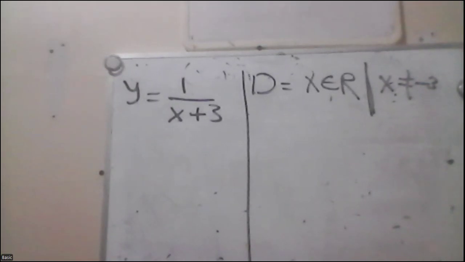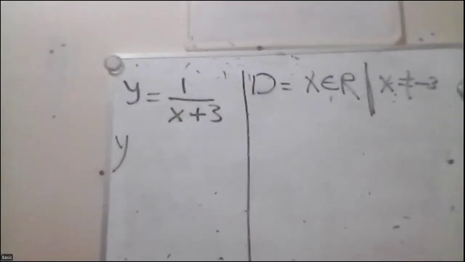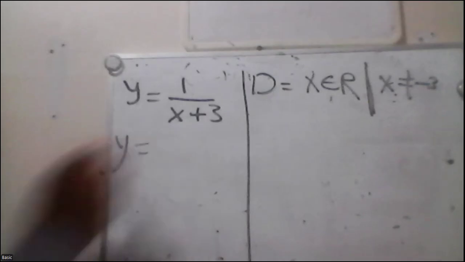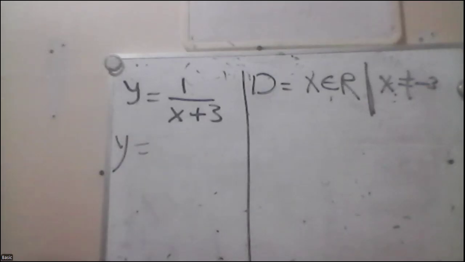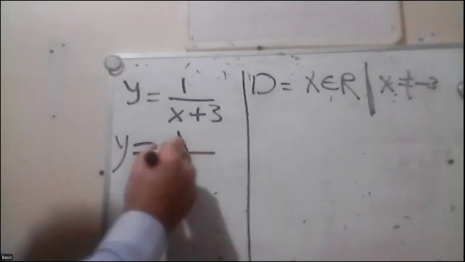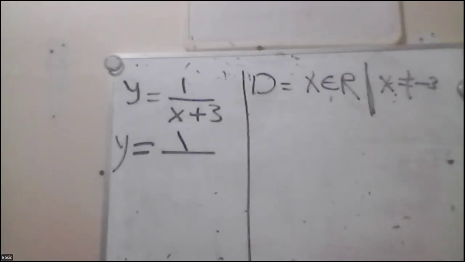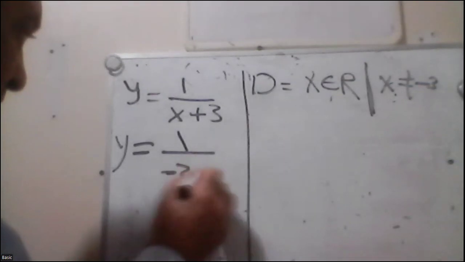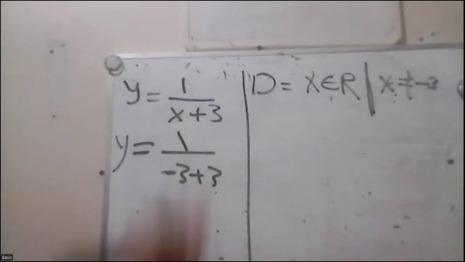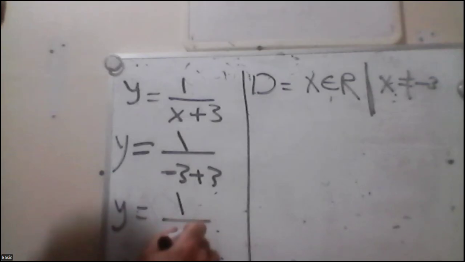Assume with me now that I put x equals minus 3. Then y will equal 1 divided by, let's say that I put x equals minus 3, then minus 3 plus 3 will equal 0. Then y will equal 1 divided by 0.